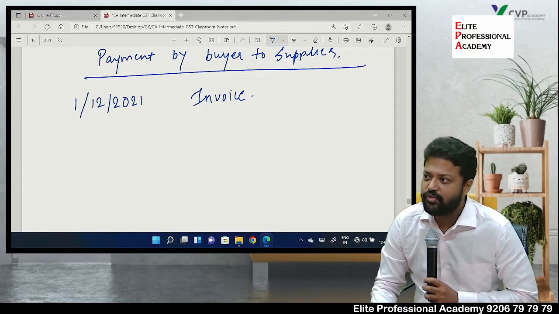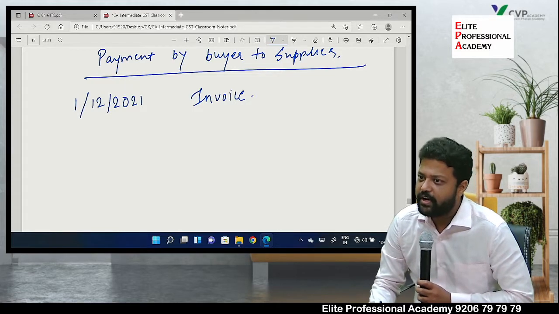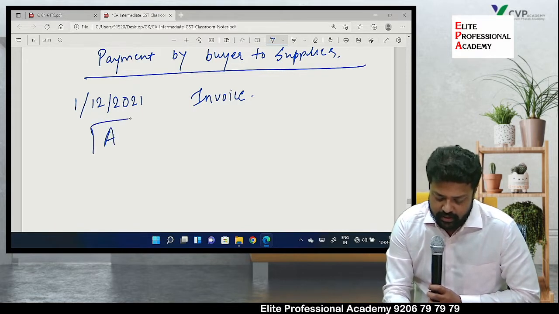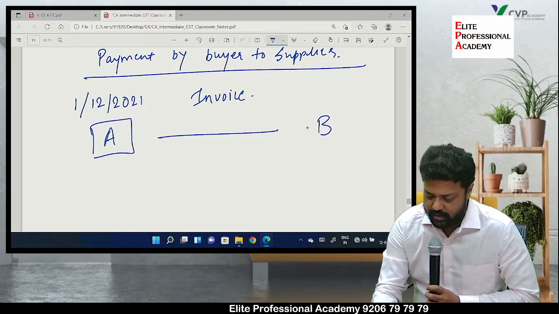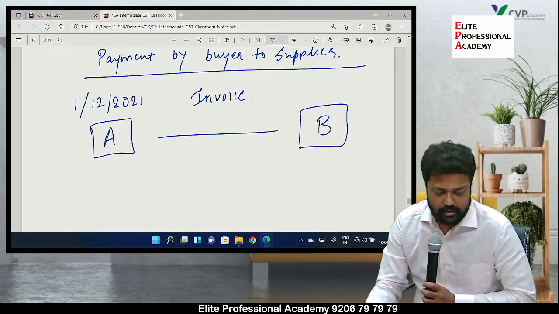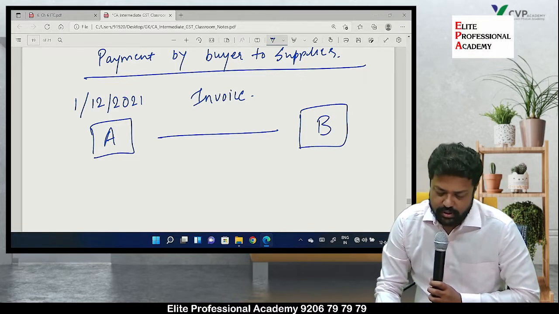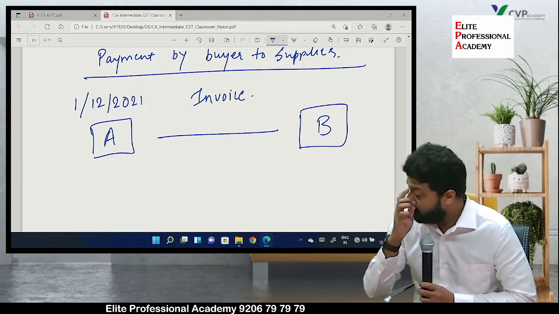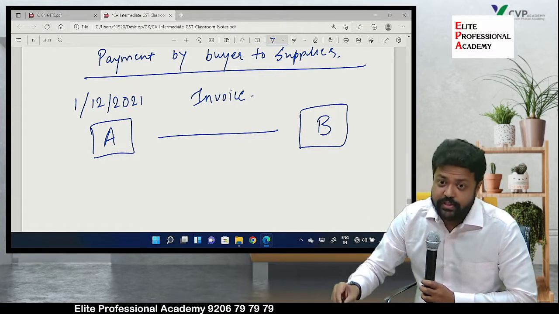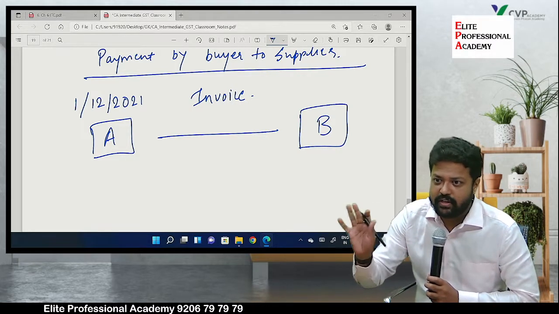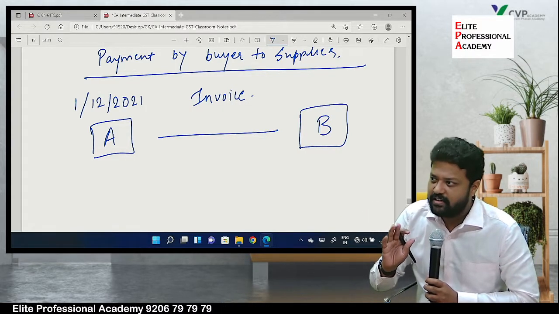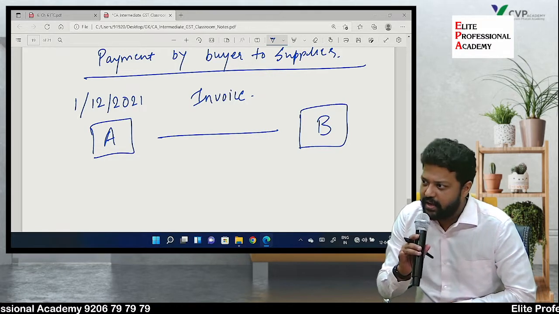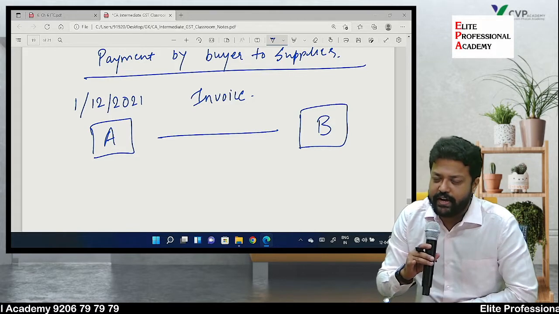Goods are sold by Mr. A to Mr. B on 1st December 2021. You don't write everything, just write the dates, so that the calculation can be done. So goods are sold by Mr. A to Mr. B on 1st December 2021.